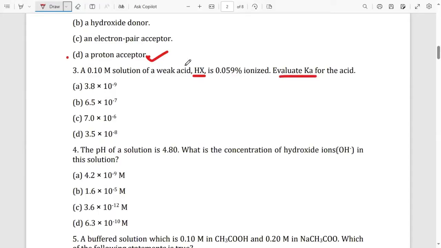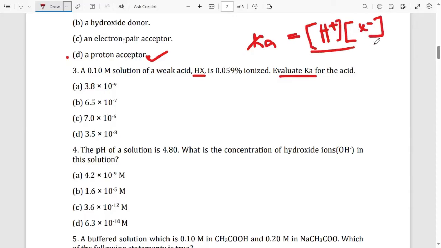So we know that if this is a weak acid, and it dissociates into whatever it dissociates into, for us to find the Ka value, we are going to say that this will be equal to, when this dissociates, you have hydrogen ions multiplied by the X ions, and then we divide all this by the concentration of this guy here, which is HX. So this is what we are going to do here.